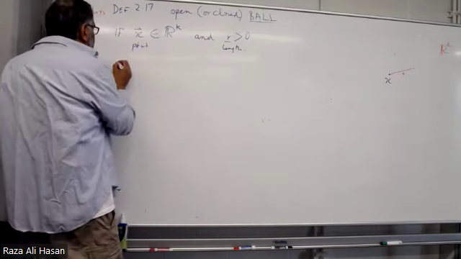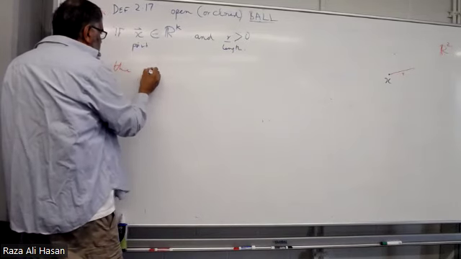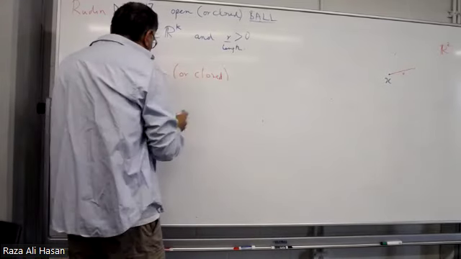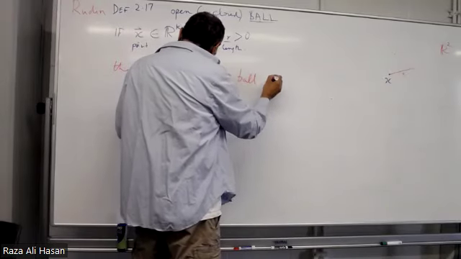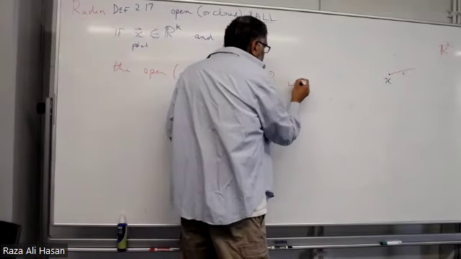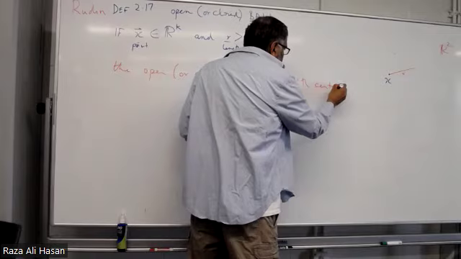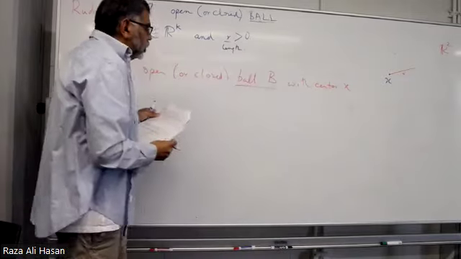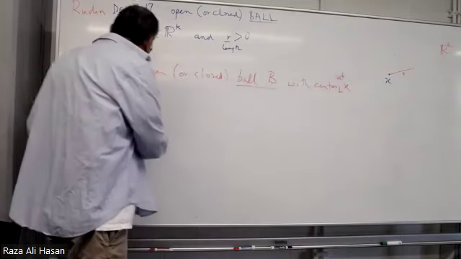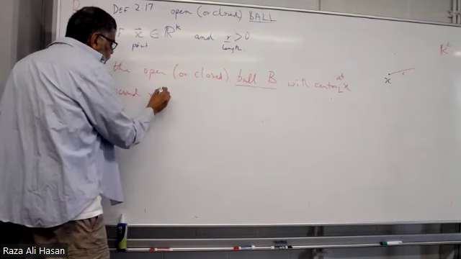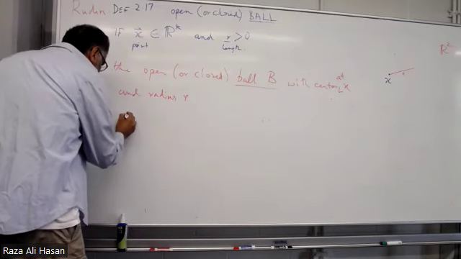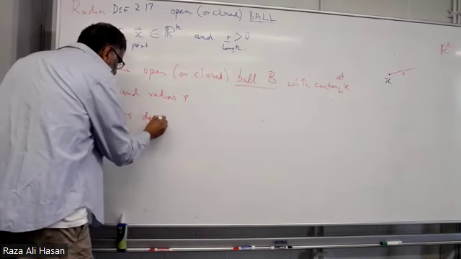So the definition: the open or closed ball B with center at x and radius r is defined.